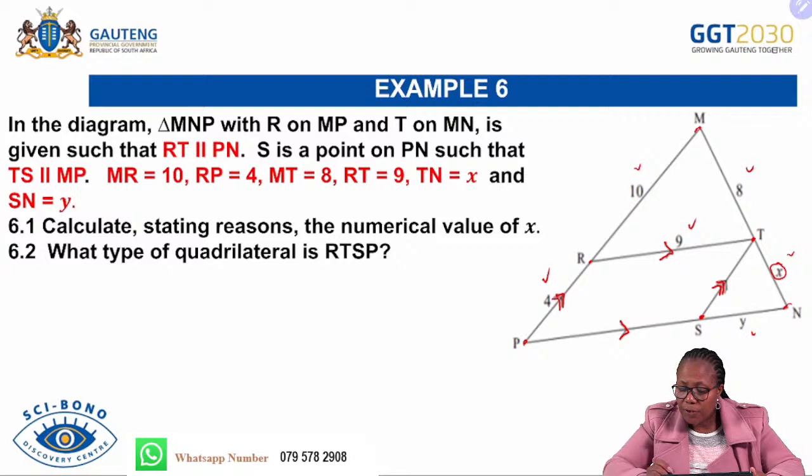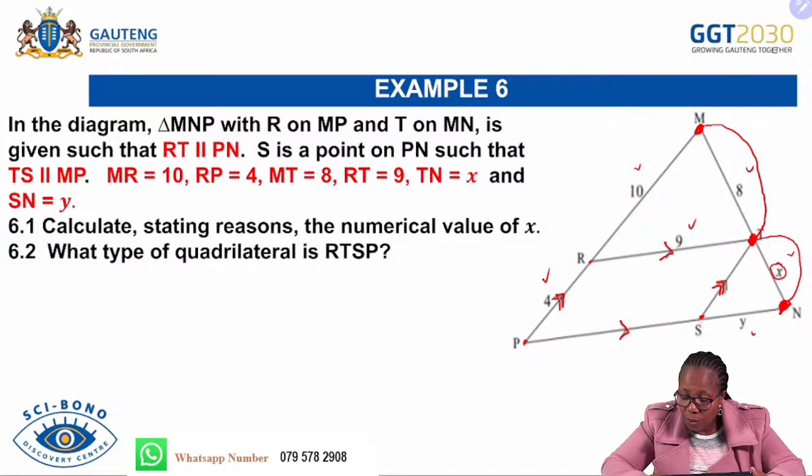We are looking for X here. If you look at X, can you see that it is the length TN there? Look at TN now, it is touching this parallel line, and it is on the same side as MT. We are trying to identify the parallel lines now for TN.